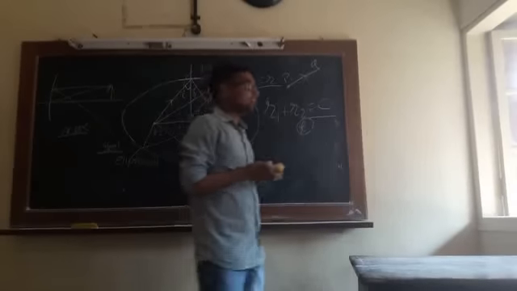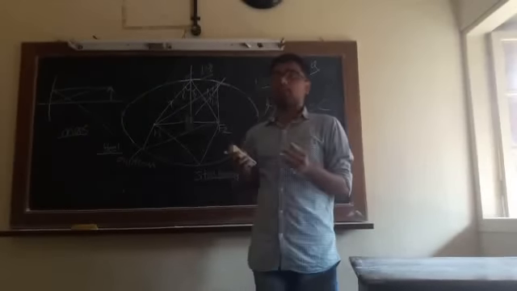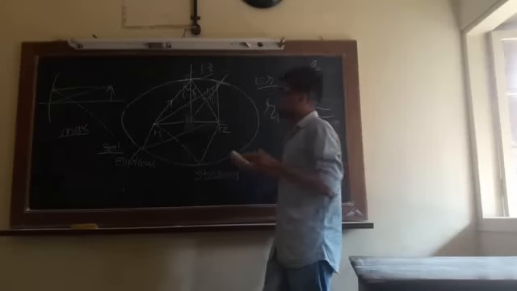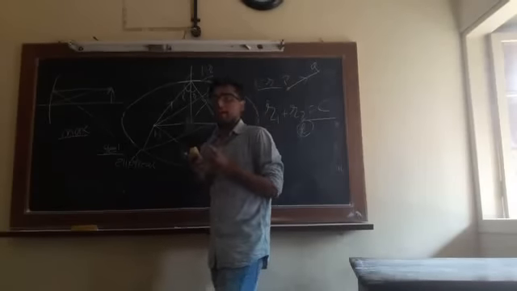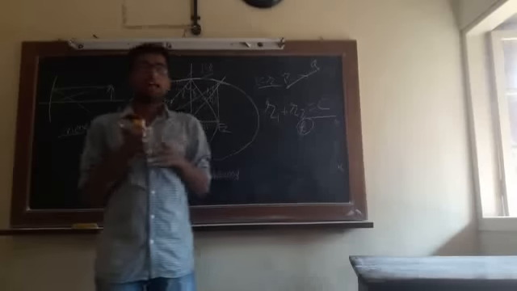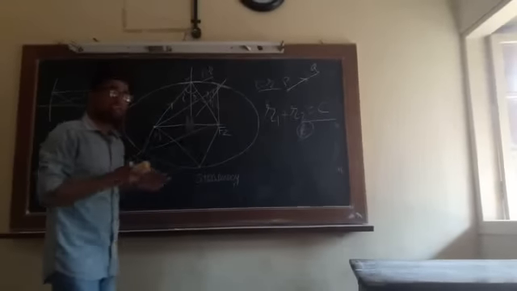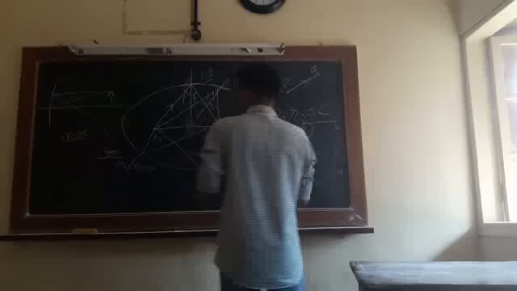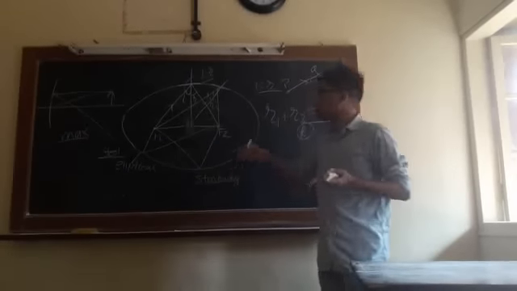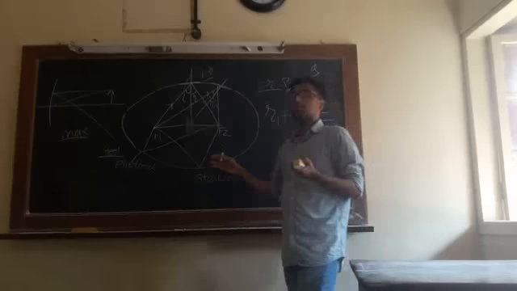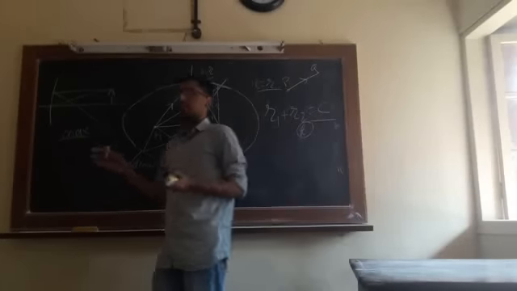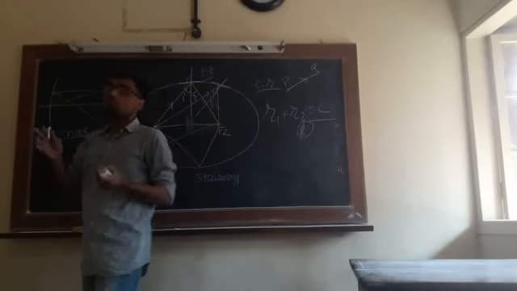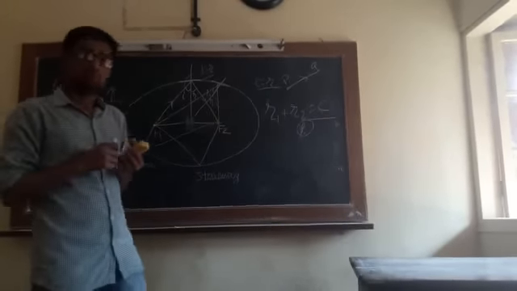It means light may take a maximum time, a minimum time, or it may also take a stationary time. So this is described as the modification of Fermat's principle of least time. And now here is the final statement of Fermat's principle: light may take maximum, minimum or stationary time.